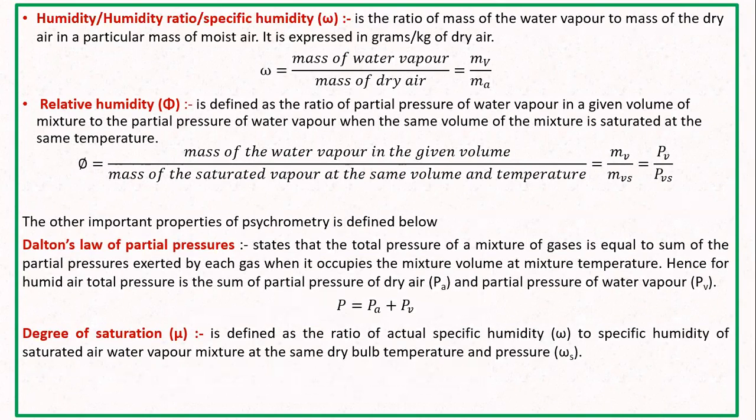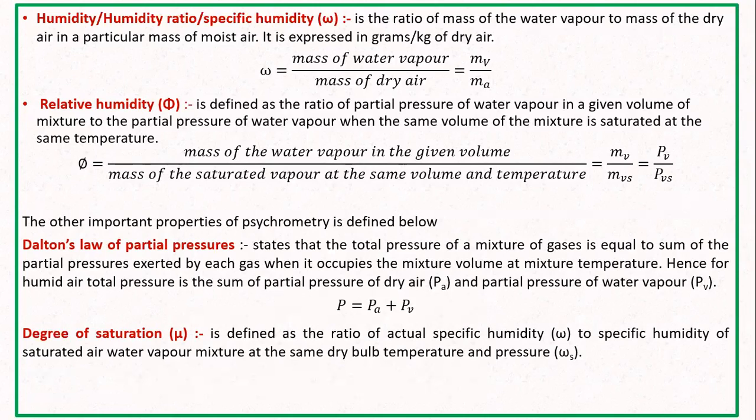The other important properties are Dalton's law of partial pressures, what we have already studied. Dalton's law of partial pressure means in a total pressure of a mixture of gases, Dalton's law says that the total pressure will be equal to the sum of the partial pressures which are exerted by each gas when all these gases occupy the same volume mixture and when they are at the same temperature.